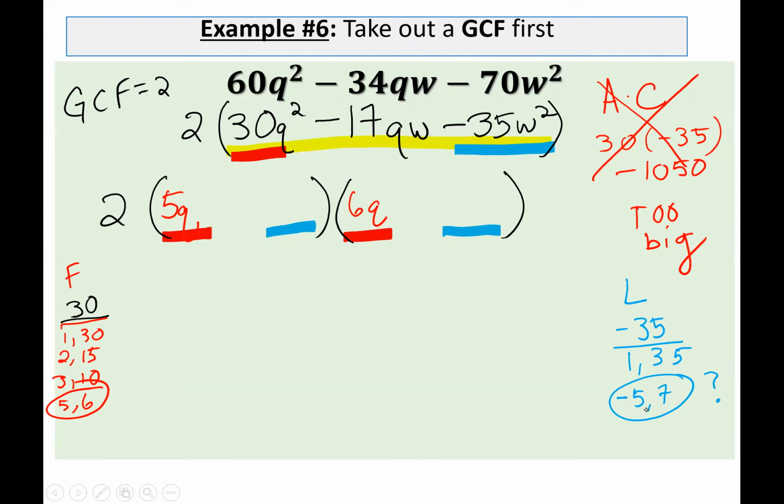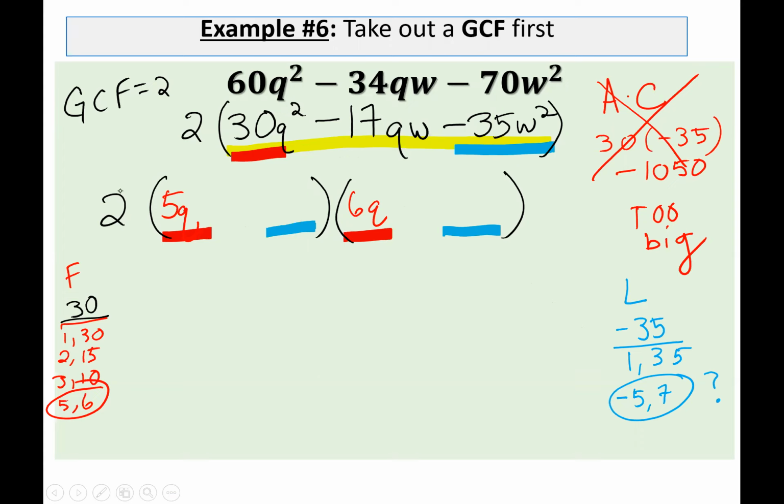All right. Now, when I fill them in, these little blue spots up here, remember about the GCF conversation before? I have 5q and then a blank space, and then 6q and a blank space. I do not want to put the minus 5 with the 5q, because then they'd have a 5 in common. And that is not the case in my original problem. There is no GCF of 5.